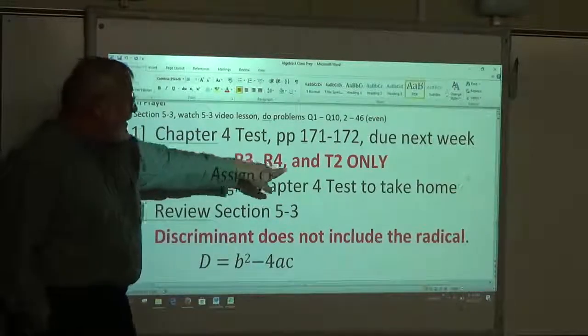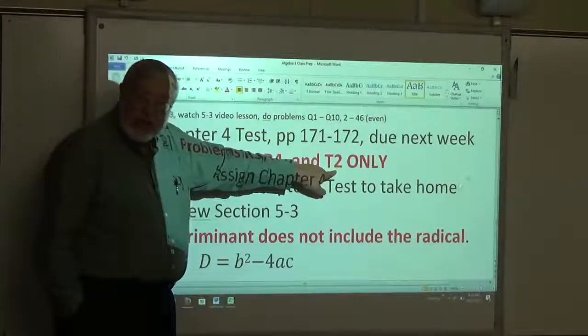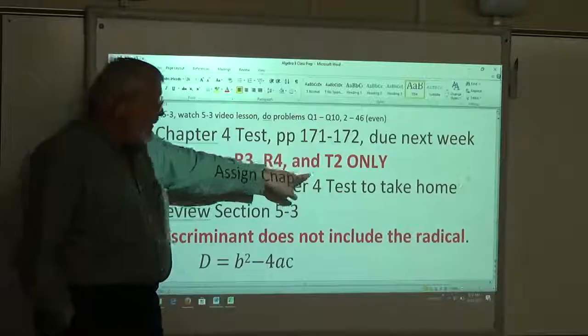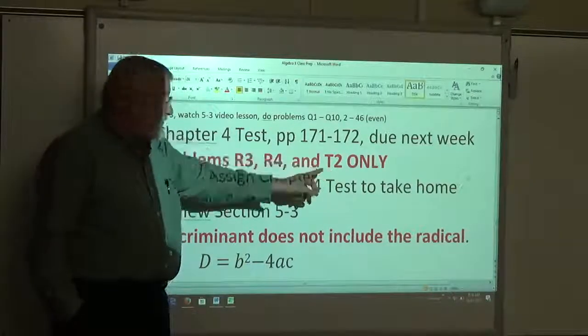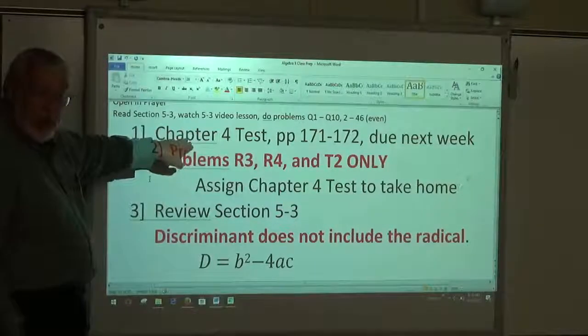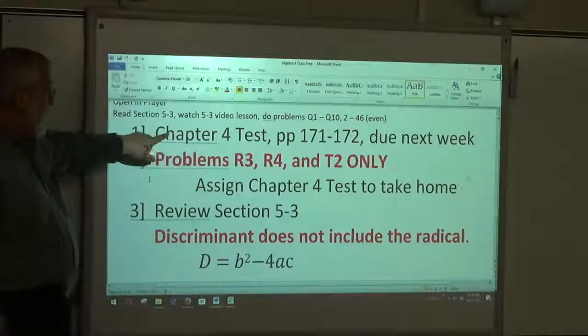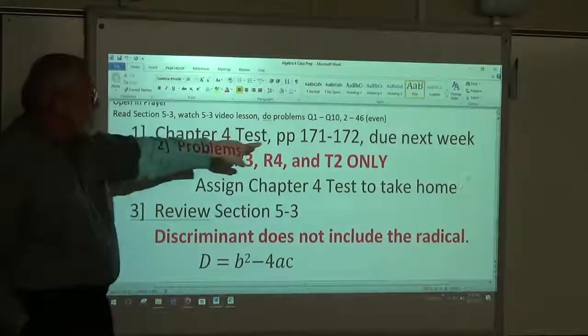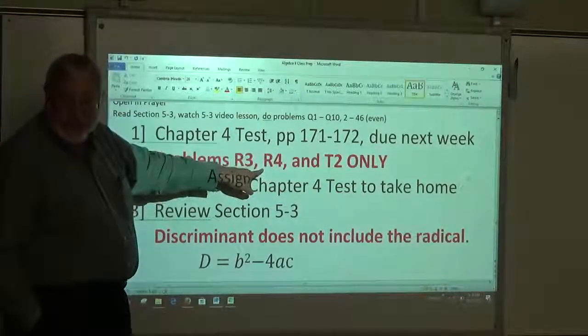And then this is new, something that you're going to need. It also leads to a 3 variable matrix. So the 3 of them are related. So that will be part of your work, to do these 3 problems as the chapter 4 test from these 2 pages. These are actually on page 170.